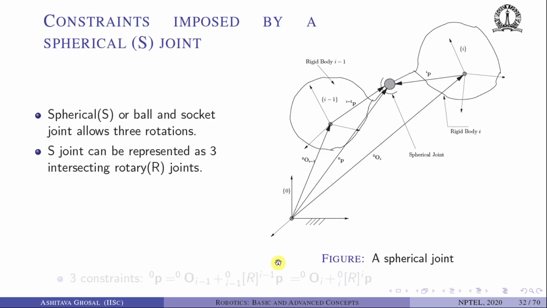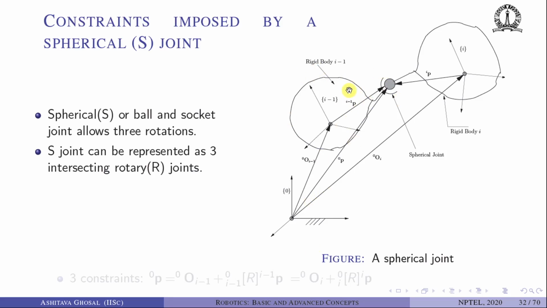Let's look at a spherical joint. A spherical joint is also called a ball and socket joint, and allows 3 rotations. So there must be 3 constraints. One way of looking at it is representing a spherical joint as 3 intersecting rotary joints. The other way is to look at it directly as a spherical joint.